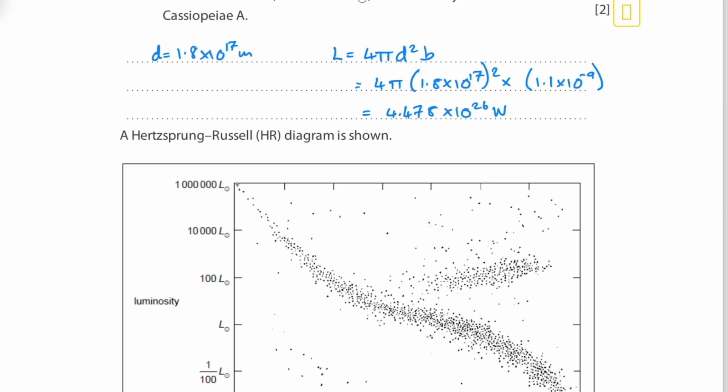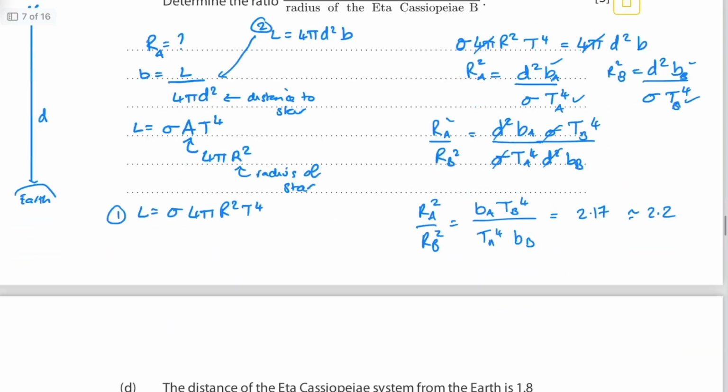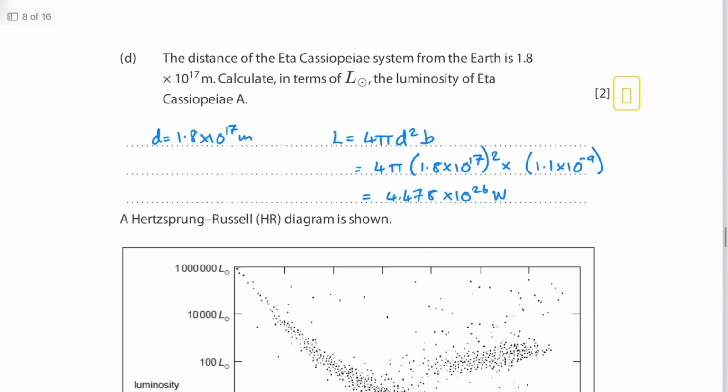But the luminosity of the Sun, let's go back, is 3.8 times 10 to the 26. So we divide that by 3.8 times 10 to the 26, and that gives us a value of 1.18 times the luminosity of the Sun, which is 1.2 luminosity of the Sun. And that's to two significant figures.